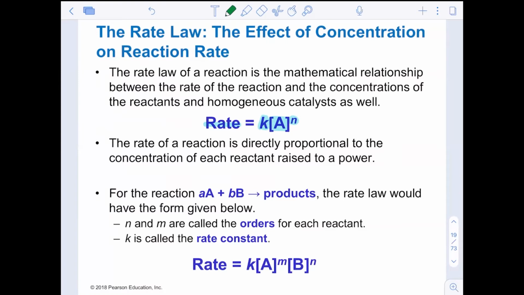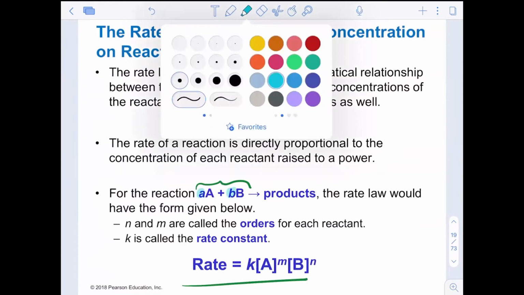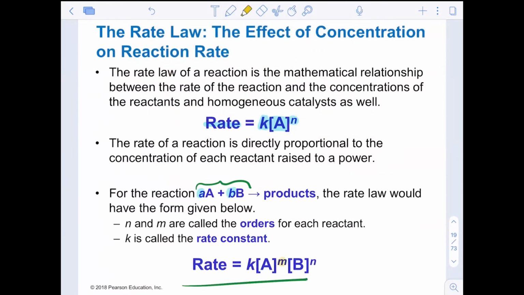And so that's where we're going to be able to say for any given reaction that has some reactants, which we're going to call A and B, the rate law can be written. Now notice A and B here are not m and n over in the rate law. You may not use the balanced chemical equation to construct the rate law. n and m are called the orders of each reactant, and they have to be determined experimentally.